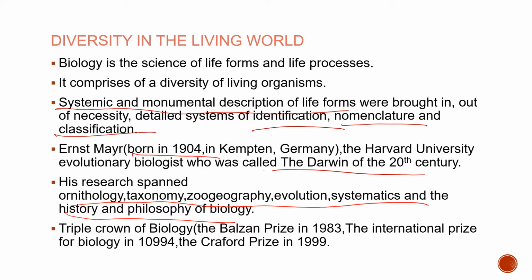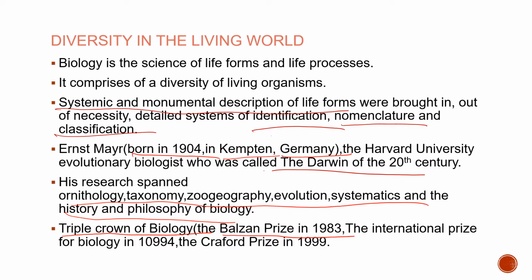He was born in 1904 in Kempten, Germany, and he won the triple crown of biology: the Balzan Prize in 1983, the International Prize for Biology in 1994, and the Crafoord Prize in 1999.